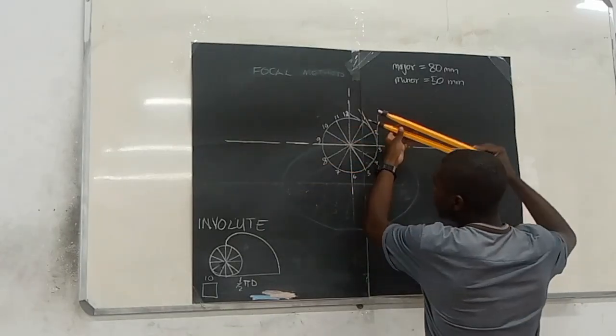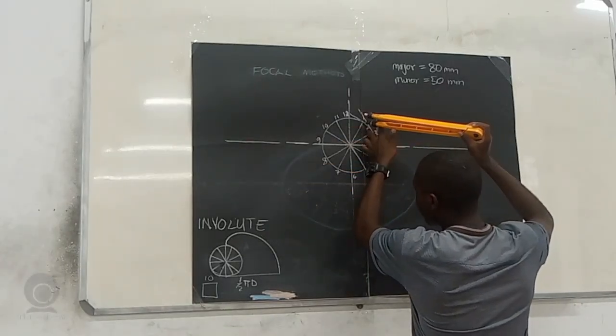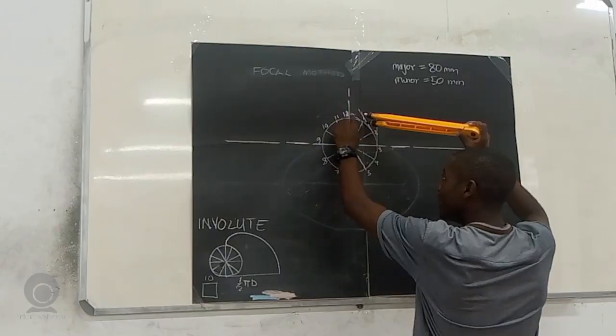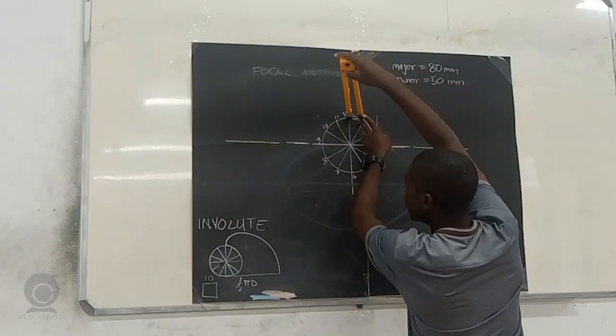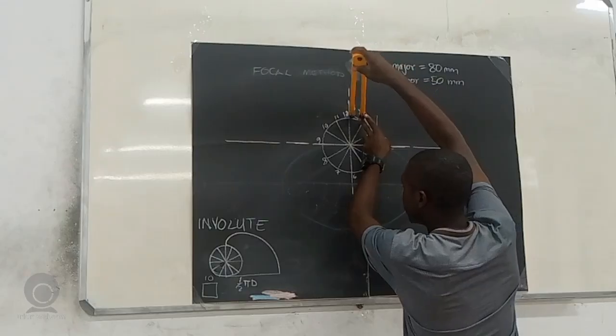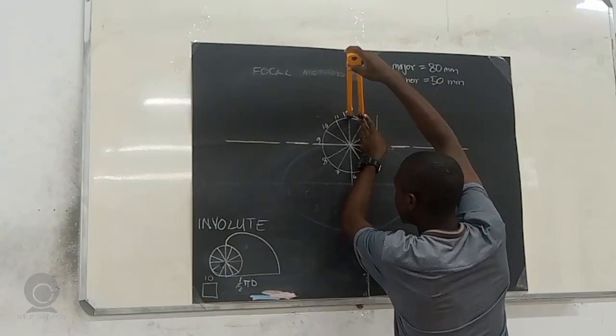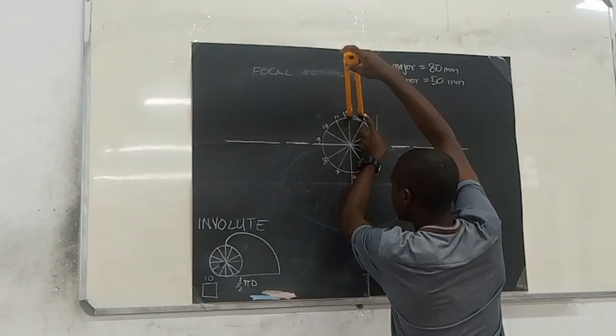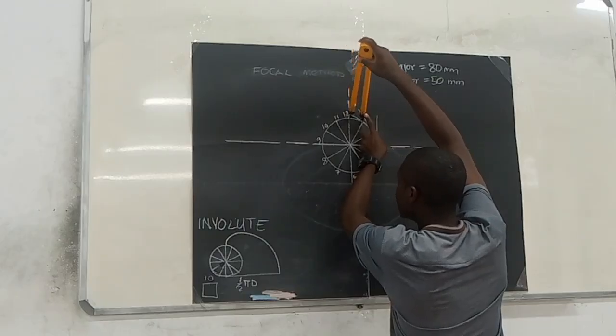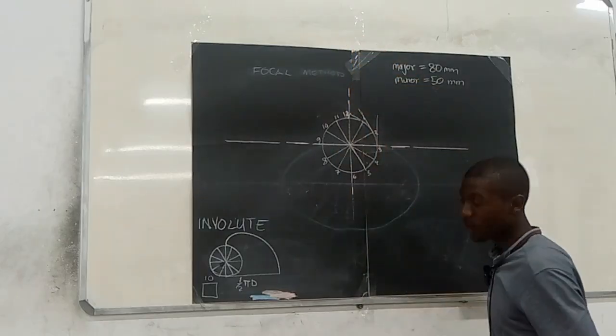So we stand at this point 1 where the 90 is coming from and open to the point where we're assuming the rope is coming from, like this, and then we'll draw an arc. So you draw an arc like that until it touches the line you drew.